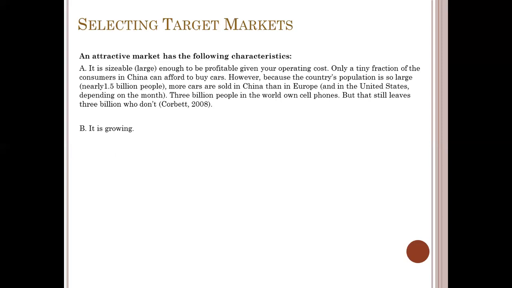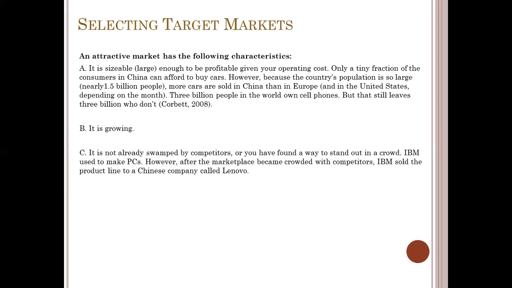Another characteristic an attractive market should have is that it is growing. We have an example. The middle class of India is growing rapidly, making it a very attractive market for consumer products companies. People under 30 make up the majority of the Indian population, fueling the demand for Bollywood, or Indian made films. So Bollywood Indian made films is growing because the majority of the Indian population is under 30.